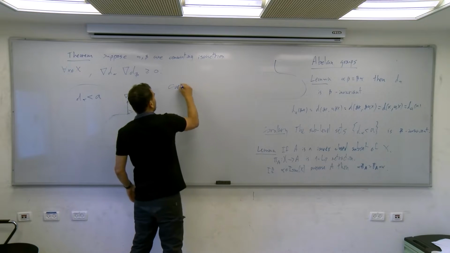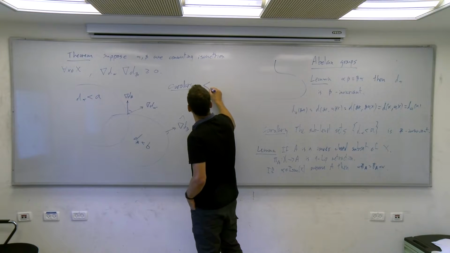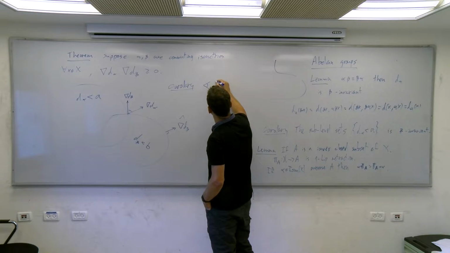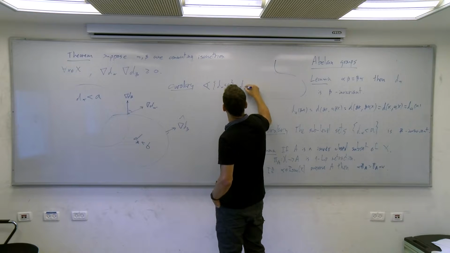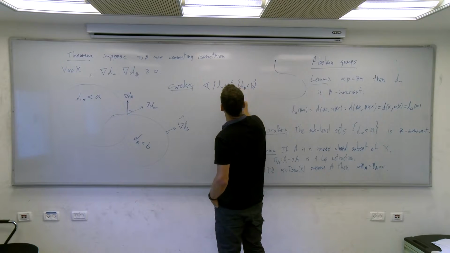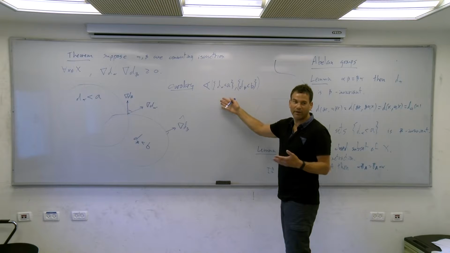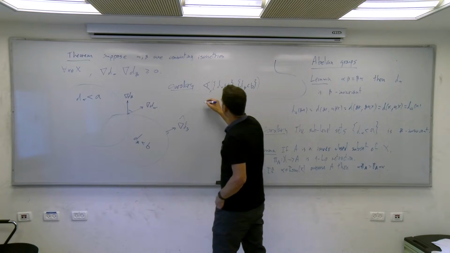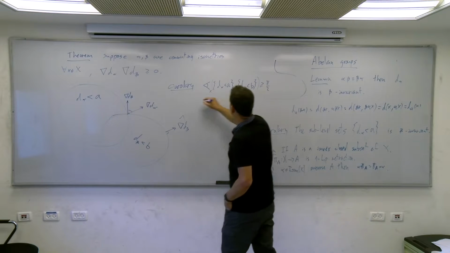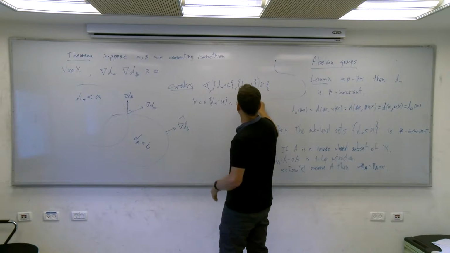So a corollary: the angle between these two sets, d_alpha less than a and d_beta less than b, the angle between the two sublevel sets at any point in the boundary at x, is at least pi over 2, for every x in d_alpha equals a intersection d_beta equals b.